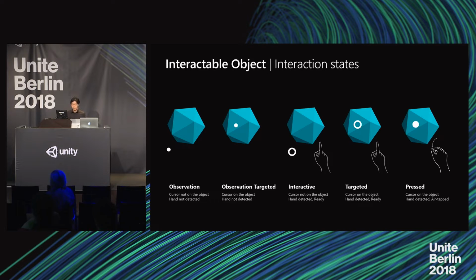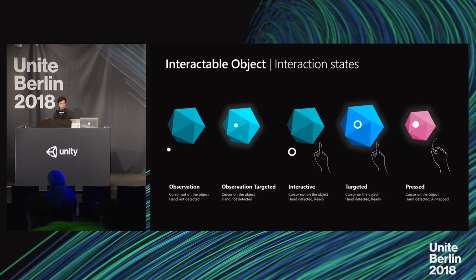For these interaction states, you can differentiate the visuals so that you can provide proper visual feedback to the users. This is one example. You can make the object a little bit brighter and increase the tint for observation targeted. For targeted, maybe you can increase the size a little bit and change the color.